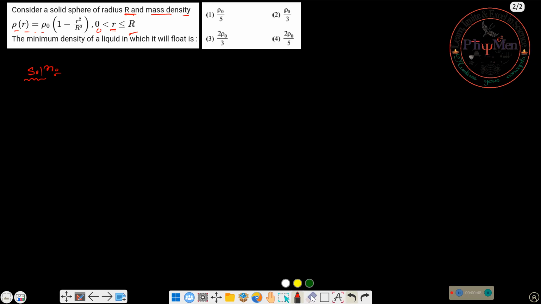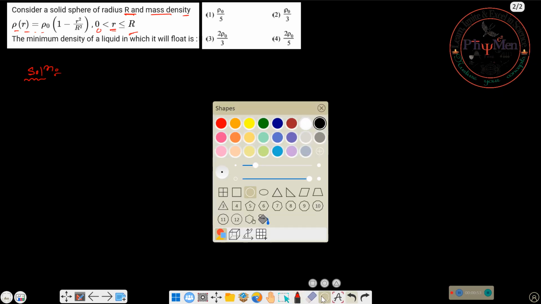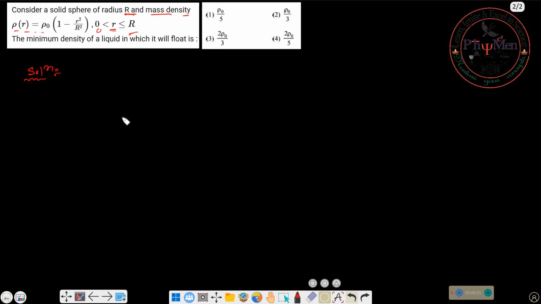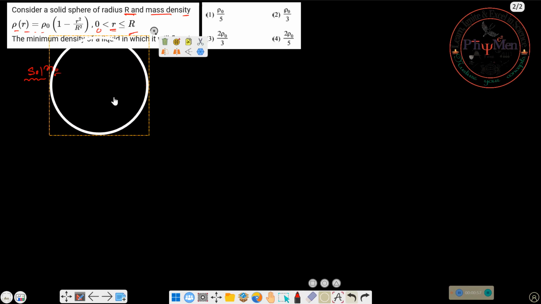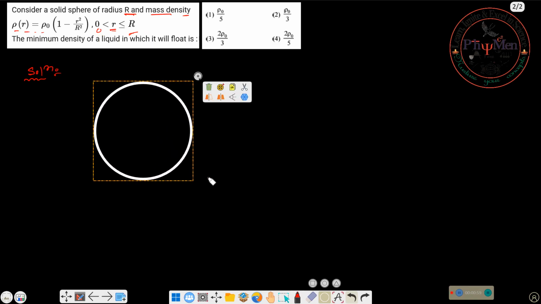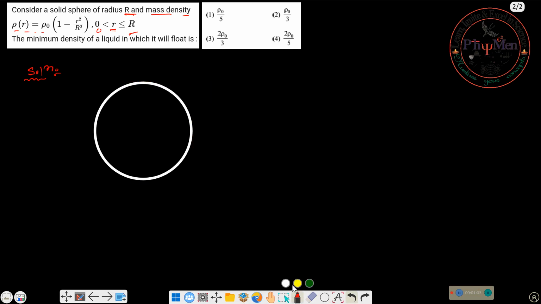Suppose this is our sphere. This sphere is having a radius capital R, but its density is not constant. Its density is given as a function of r, where r is the distance from the center of the sphere.